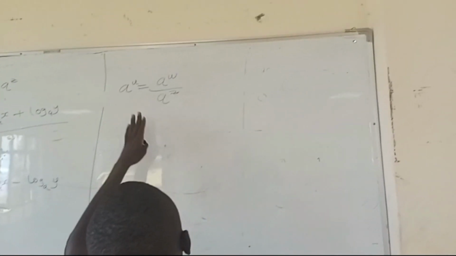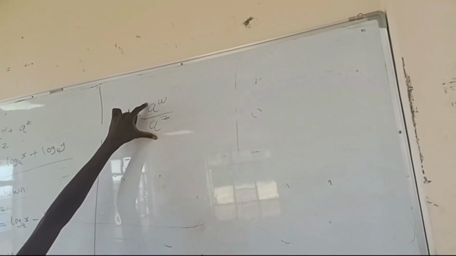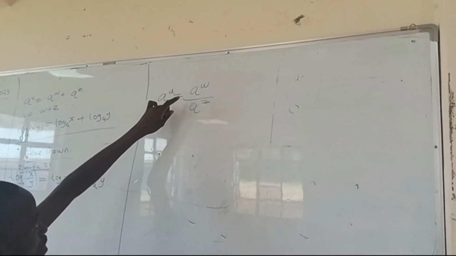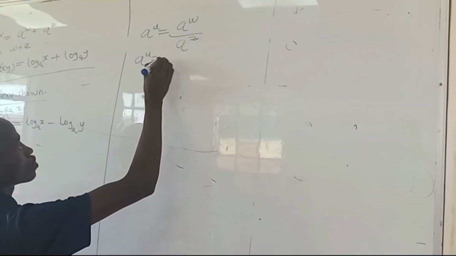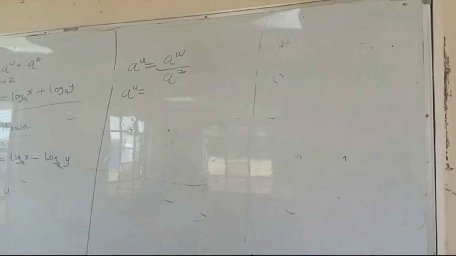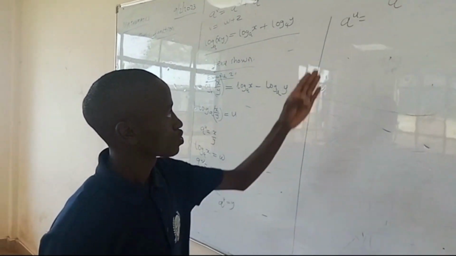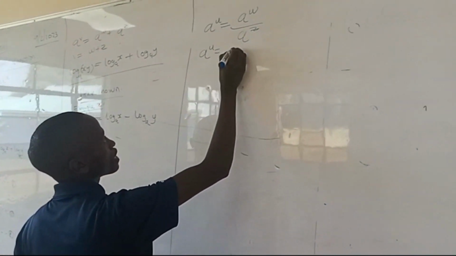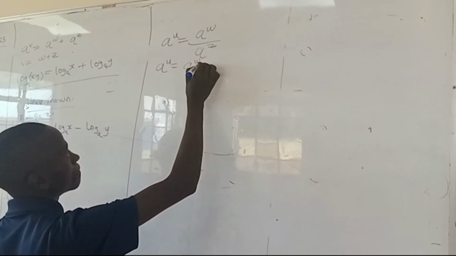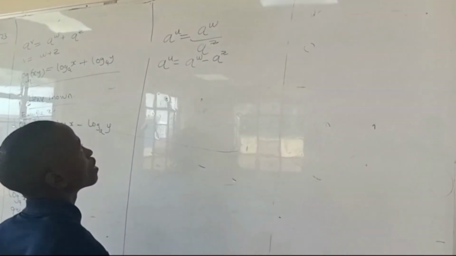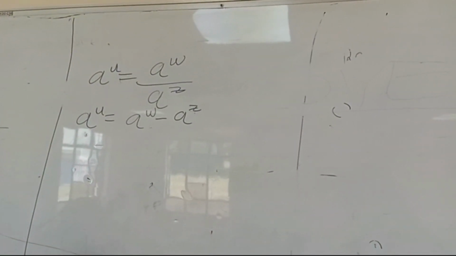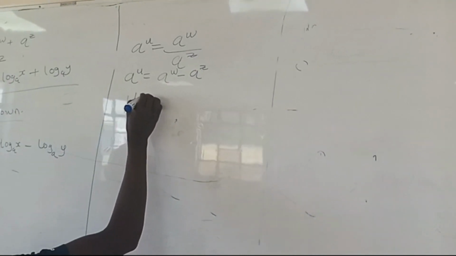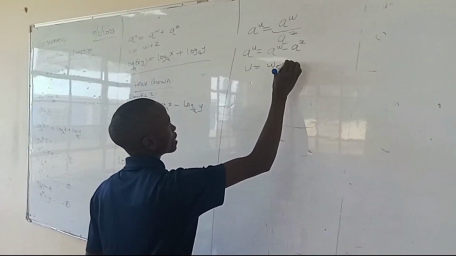When you have this, instead of writing it as a division, you can write it as a subtraction. If it's about logs, you can always subtract because you have the same bases. So a power u equals a power w minus a power z. And if you have the same bases, you can just drop the bases and remain with u equals w minus z.